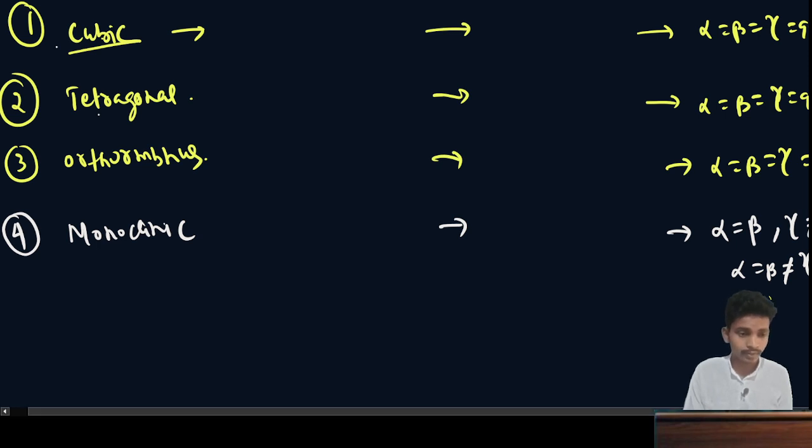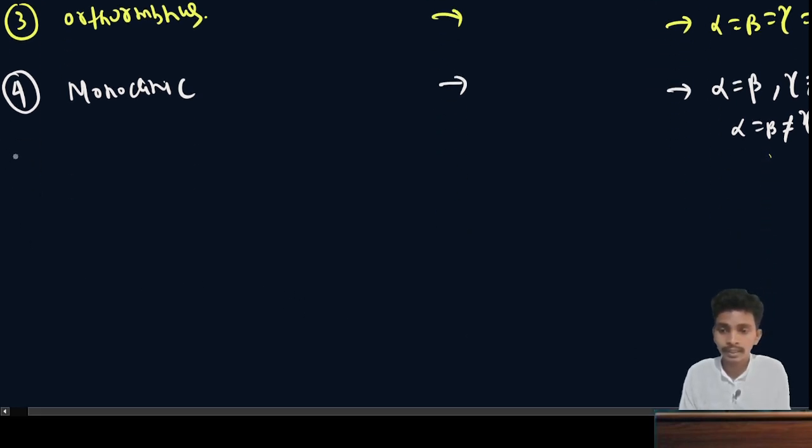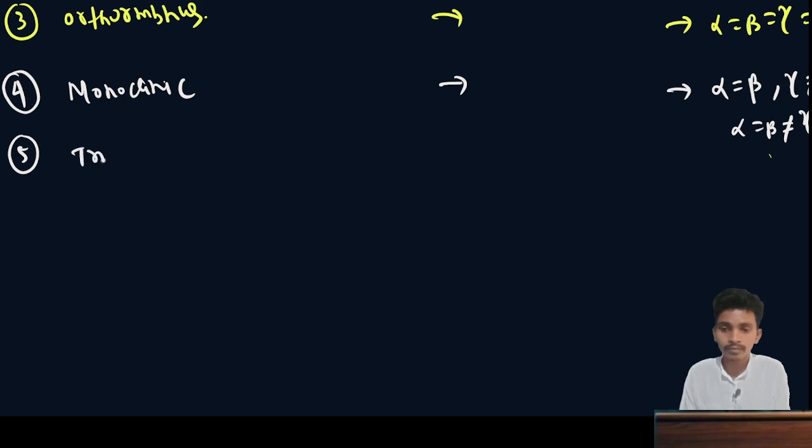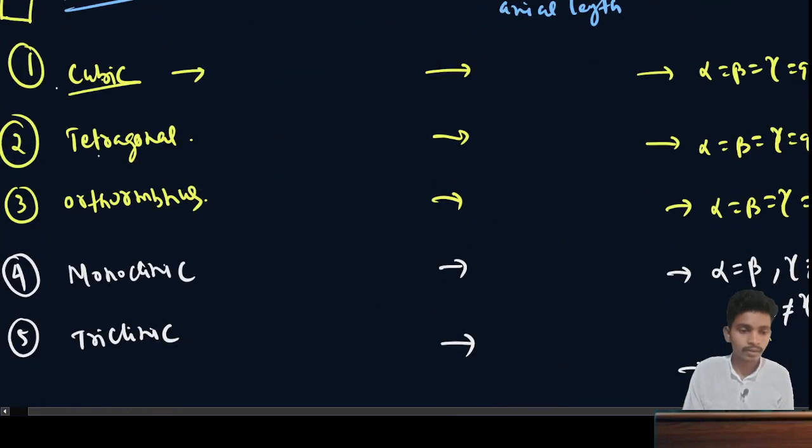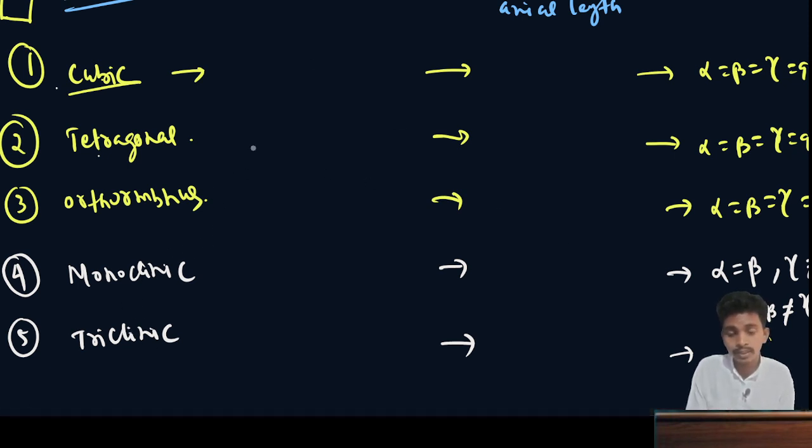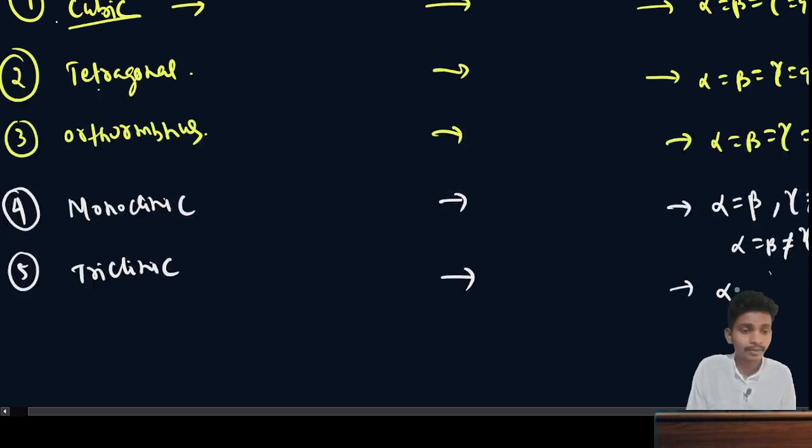This classification is based on axial length, not based on angle. Here alpha equal to gamma, but not equal to beta, and beta is also not equal to 90 degree.